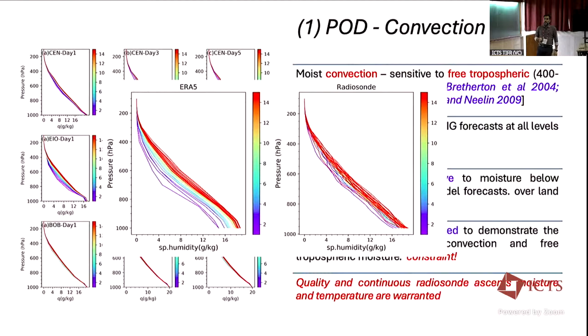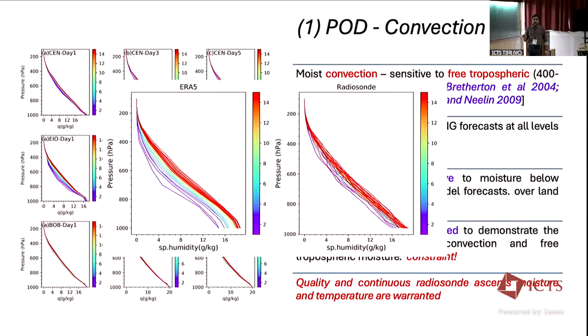If you look at the observations, that is the forecast. But if you look at the observations, the one on the left-hand side is the ERA5. I don't consider the ERA5 as an observation, but if you look at the ERA5 reanalysis and the radiosonde, that is over central India, one station over central India. If you look at these two, ERA5 could represent the bulge, this kind of banana structure in the free troposphere level between 700 to 400.